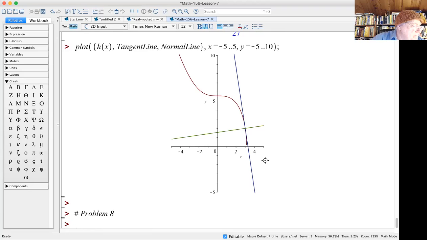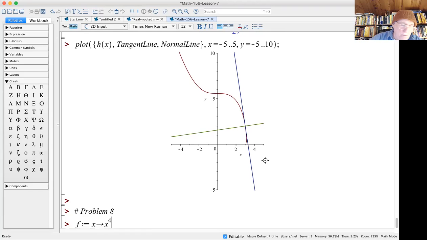Problem 8. We have the function, it's just a polynomial, x to the 4th minus 12 times x cubed minus 46 times x squared plus 12x plus 45.